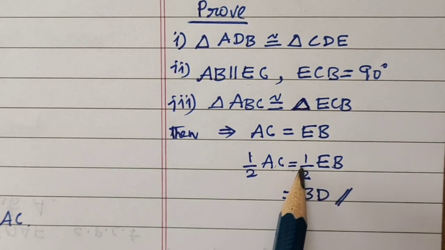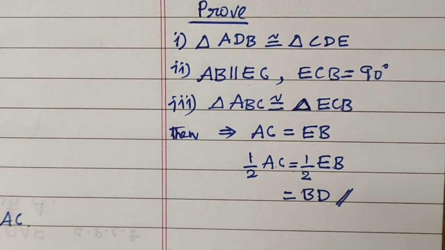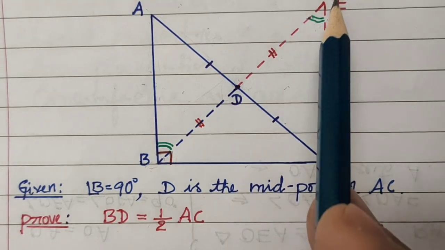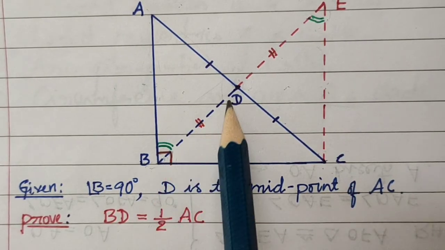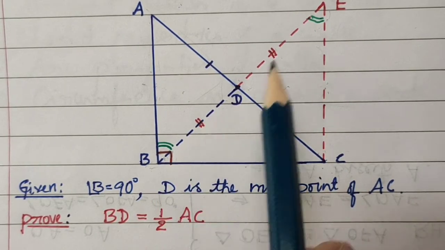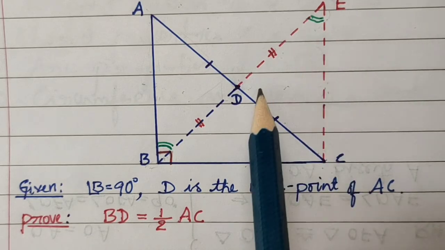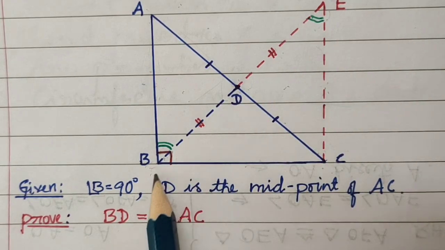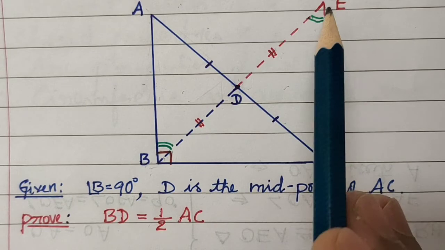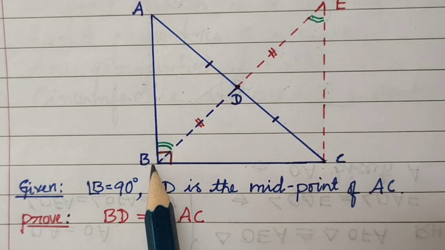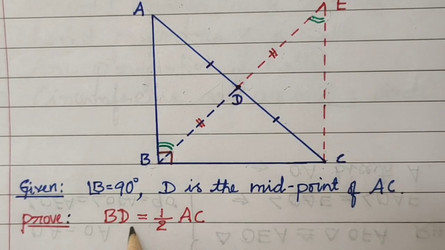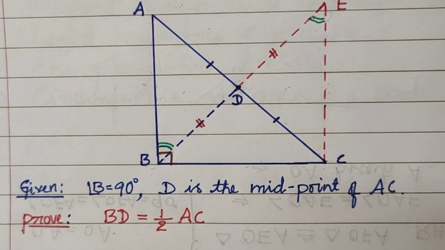Half of EB is equal to BD. Either we can take ED or BD. We are taking BD. Half of EB is equal to BD. Hence we have proved BD is equal to half of AC.